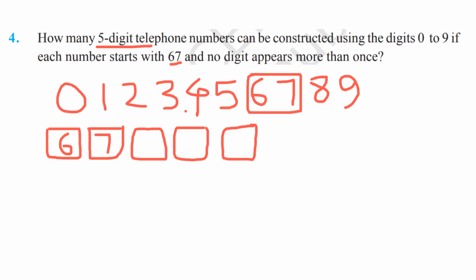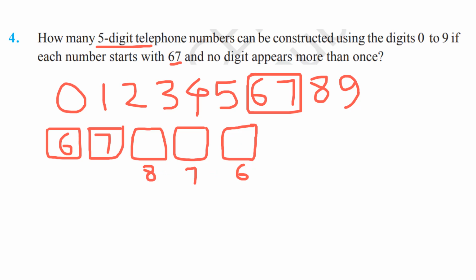So using the remaining 8 objects, here we can have 8 different variations, and once a particular object is assumed here, we can have 7 different variations here and then 6 different variations here.